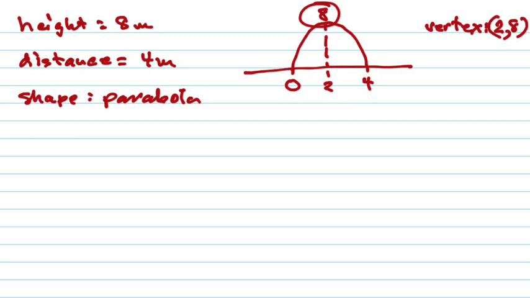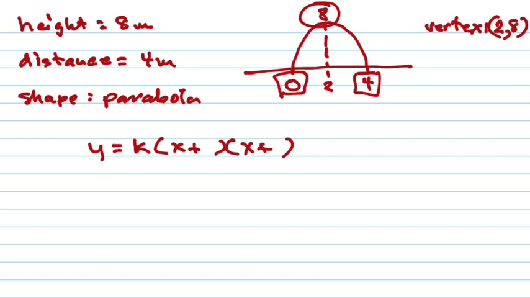So what we're going to do is use just the factored form of a quadratic. y equals k times (x plus) and (x plus), but since these are positives, remember when you put them with an x, it's going to turn them into negatives. So x minus 0, x minus 4.